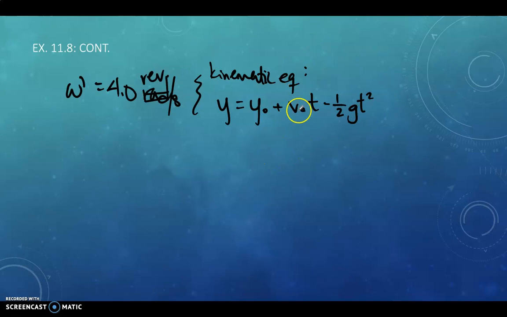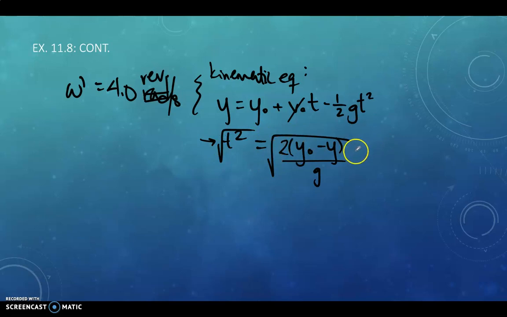Now we don't have any linear velocity to start with. So let's go ahead and solve for t from this. So we've got t squared is equal to y naught minus y, and then multiply the 2, divide by g.